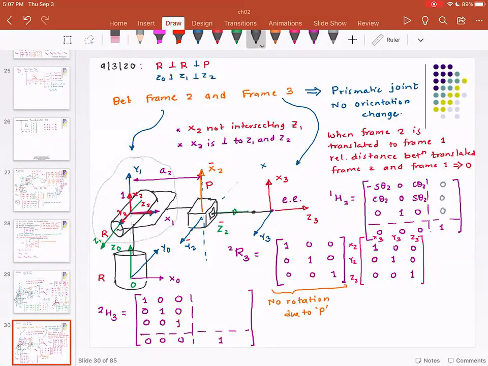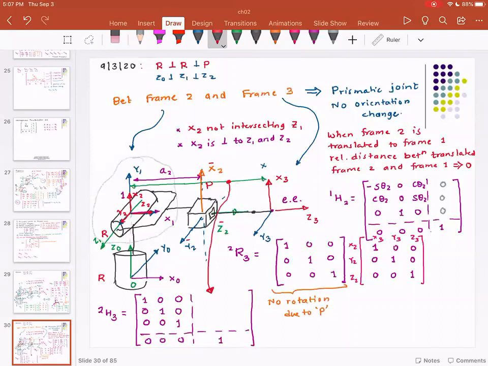I'm interested in finding out the distance between the old X3 and the translated X2. So this is the distance I should be considering, and I'm going to show you that this is the distance that should be used here.